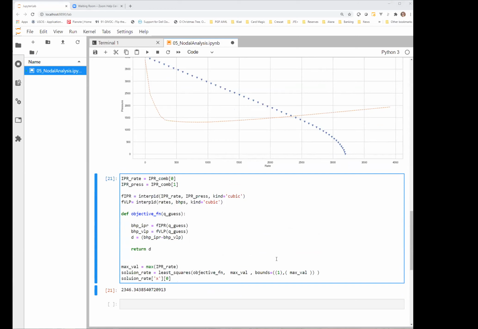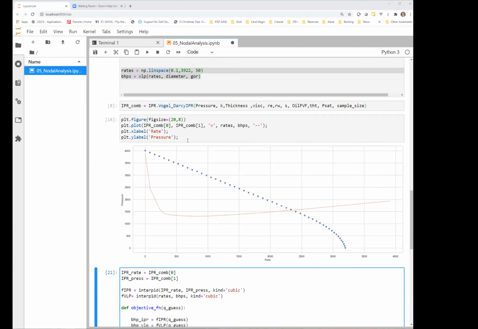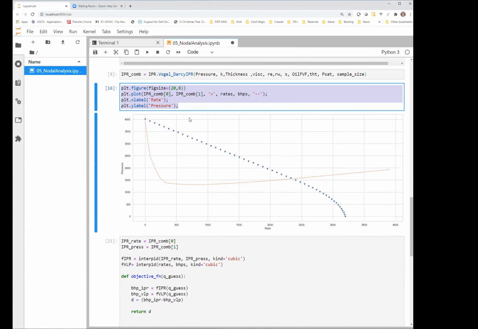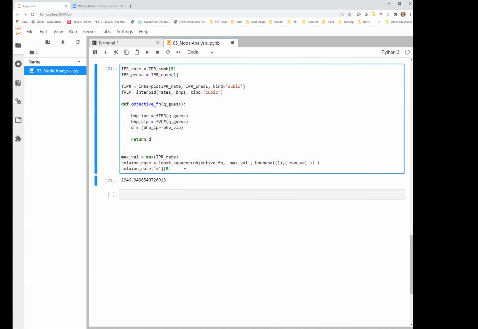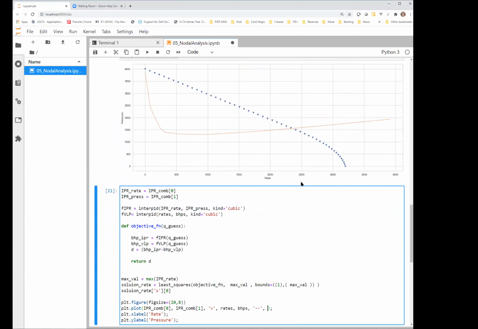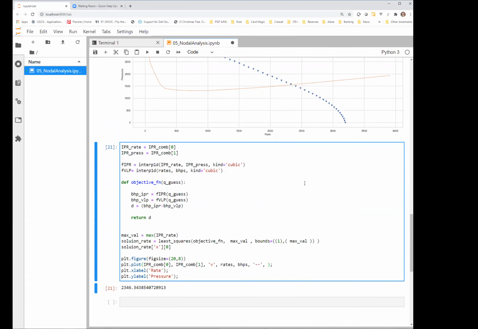So for that, I just need to, I guess it's going to be for the X. The X value is going to be the solution rate.